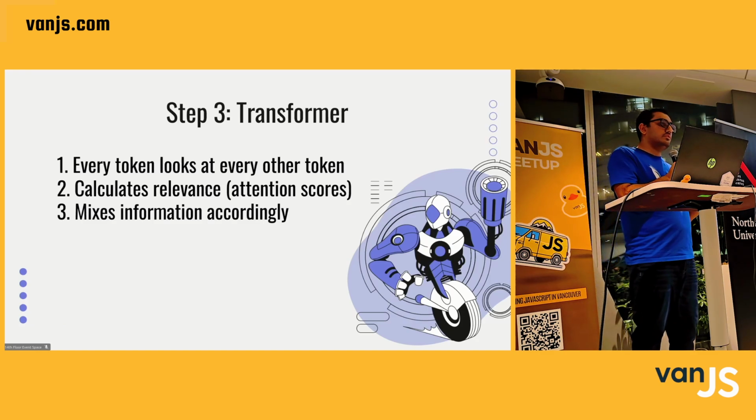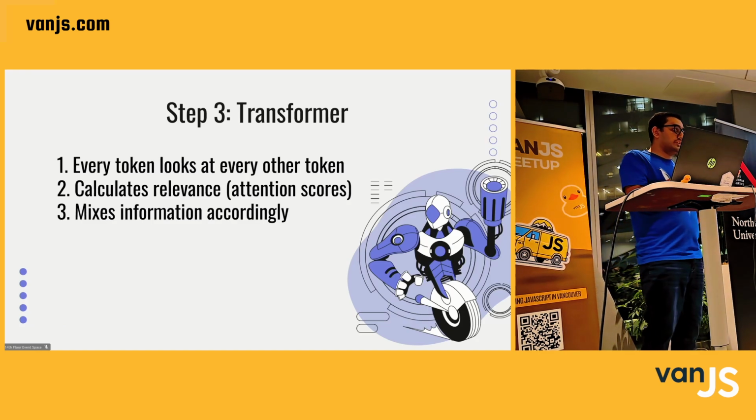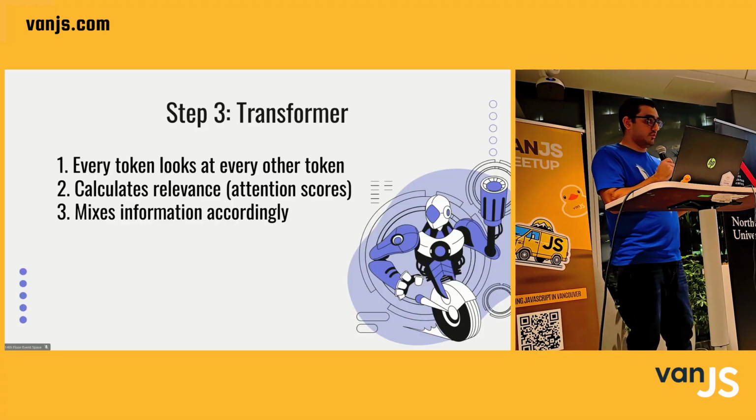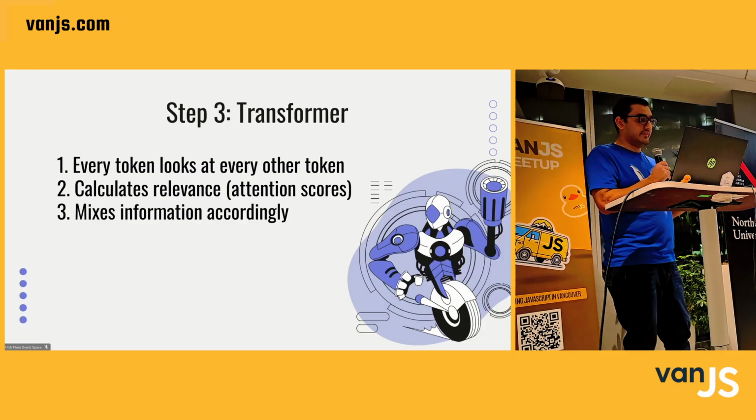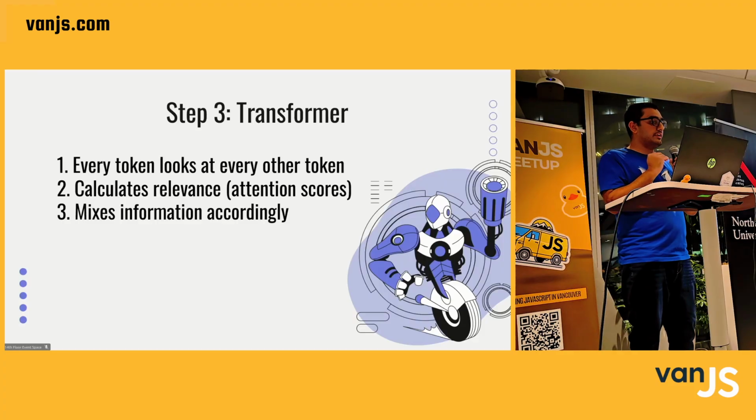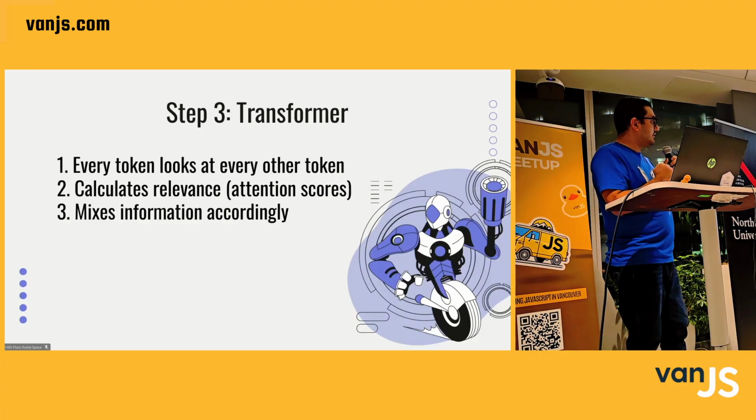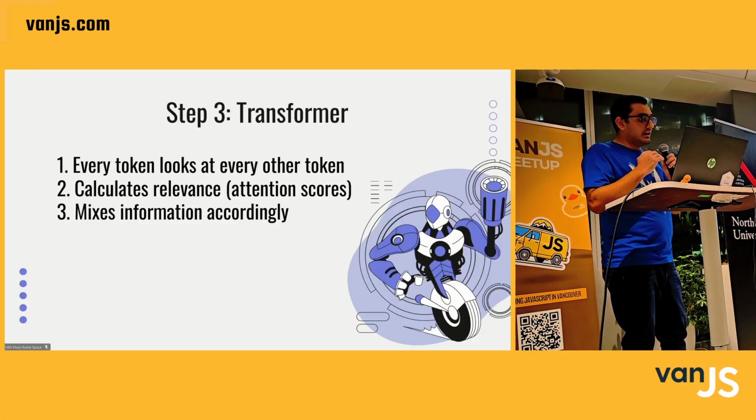Llama has a vocabulary of 120,000 tokens. So it's going to look at all of that vocabulary and find the most relevant token that comes next. It's going to give every token an attention score, and then it mixes the information accordingly.